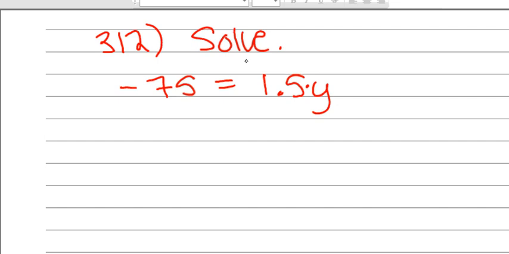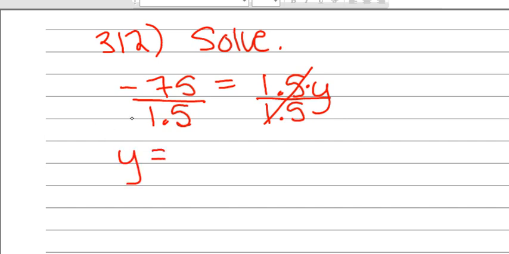So again, there's a little times in between the 1.5 and the y. So I need to get y alone. So I'm going to do the opposite of multiplication. I'm going to divide both sides by 1.5. And these cancel. I'm going to bring the y down over here. I like this on the left-hand side.